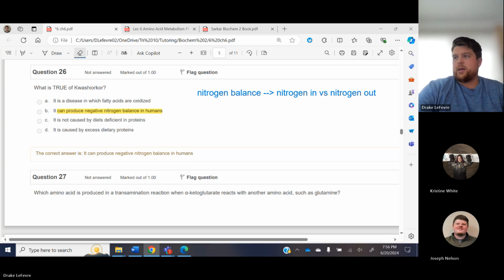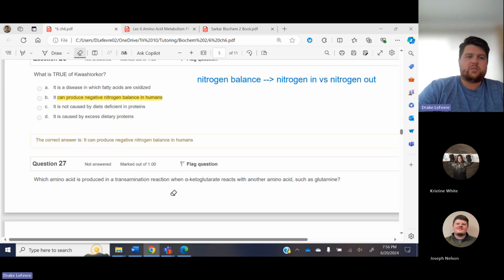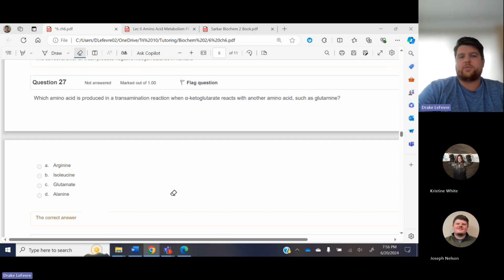Okay. Next one. Which amino acid is produced in a transamination reaction when alpha-ketoglutarate reacts with another amino acid such as glutamine? He asks a lot about this one. I think he just likes it because of the way it sounds or something. But a lot of alpha-ketoglutarate kind of stuff.